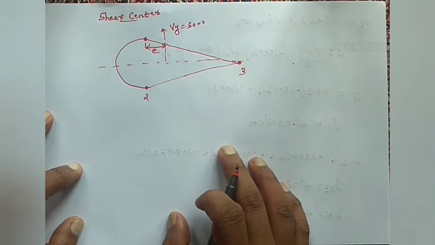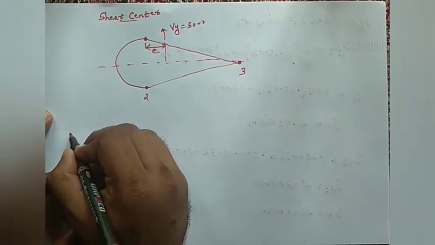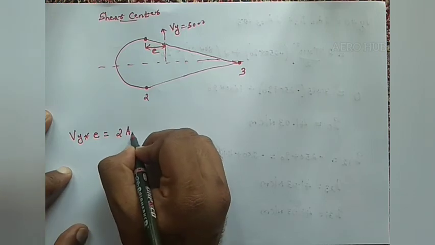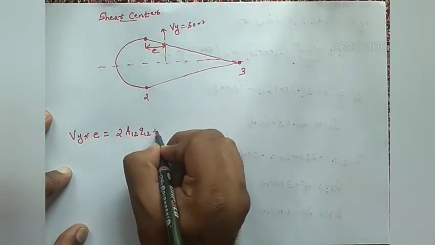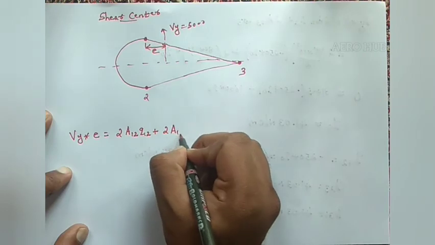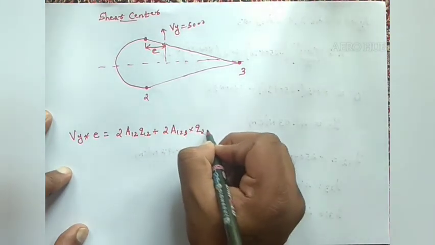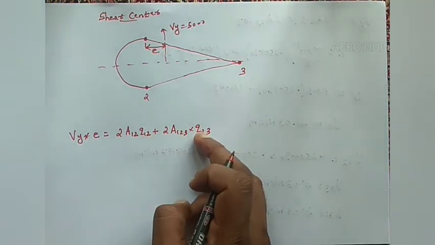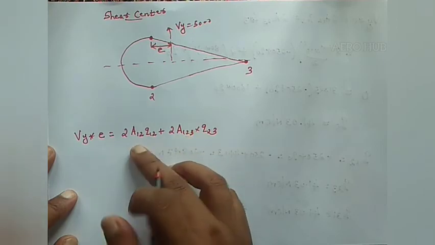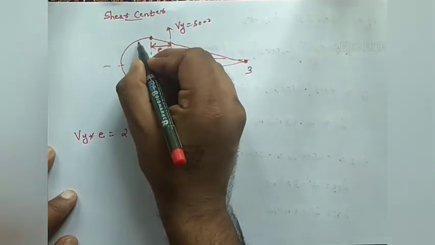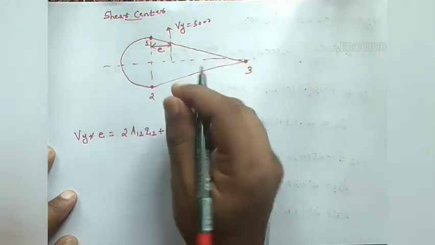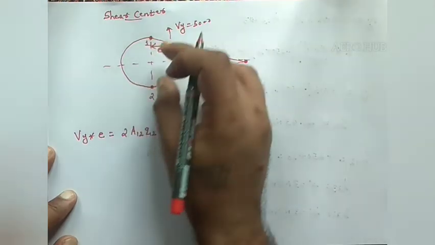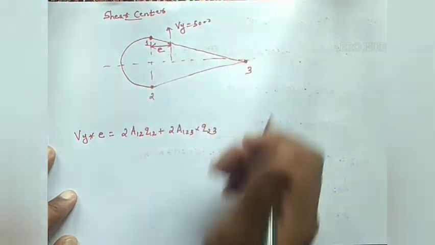And we have the equation Vy into E should be equal to 2 times the area A12 Q12 plus 2 times the area A123 into Q23. We found out the values of Q12 and Q23 in the previous step. A12 is nothing but the area of this semicircle enclosing the boom area 1 and 2, and A123 is the area of the triangle. This base is 20 and height is 80.